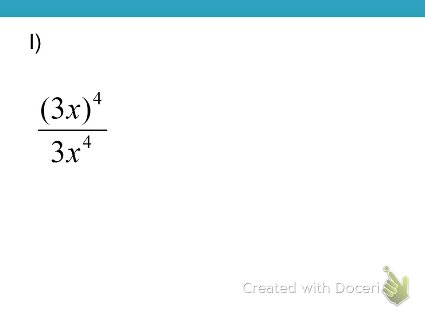Why is this not 1? Yes, ma'am. Because we have to multiply the 4 by the exponents inside. Yeah, so that will end up giving us this, right? We multiply both of these exponents by the 4 on the outside.